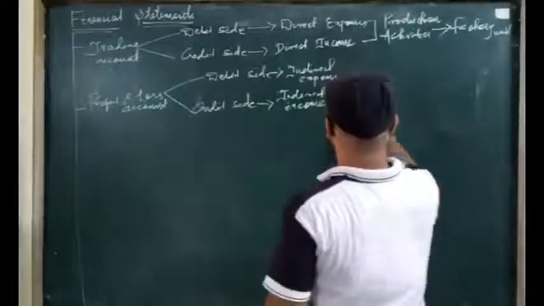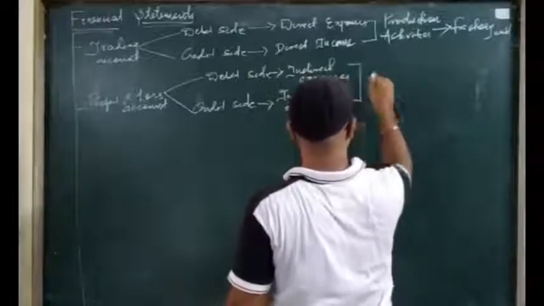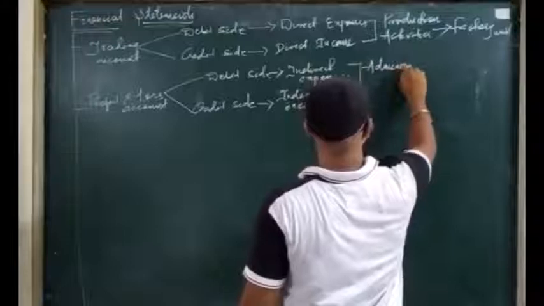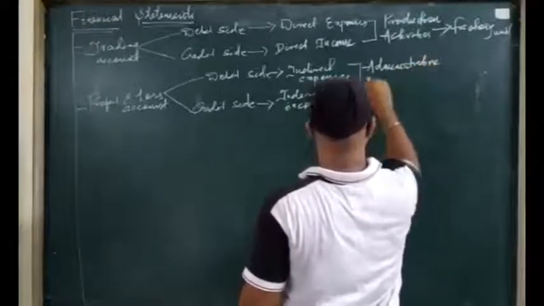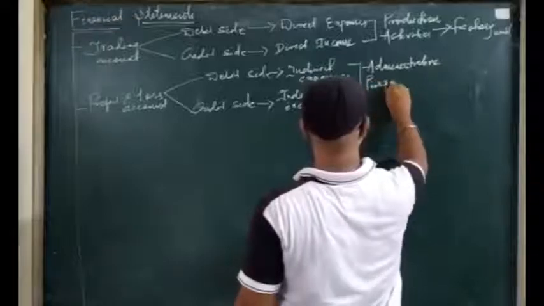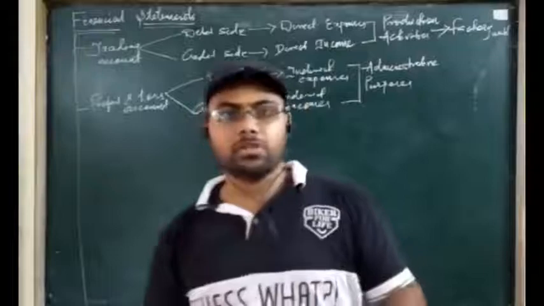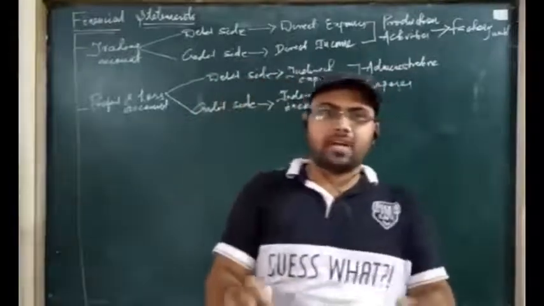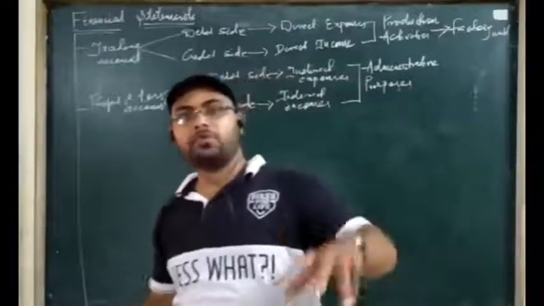Now, profit and loss account is prepared for what? Administration purpose. Administrative purposes can be called those purposes or uses other than production use. Any other purpose fulfilled in the business organization other than carrying out production activities is an administrative purpose, or office purpose, you can say.